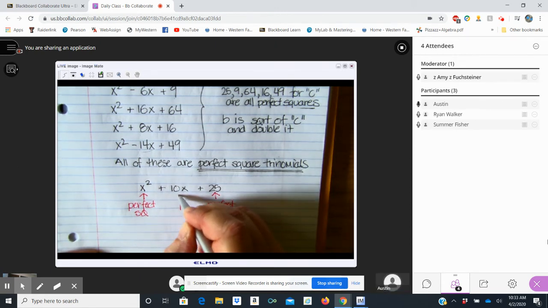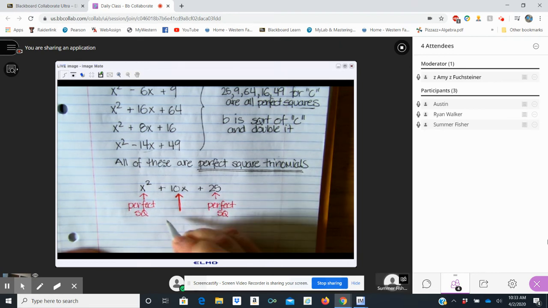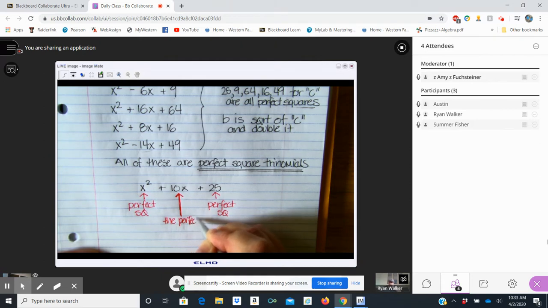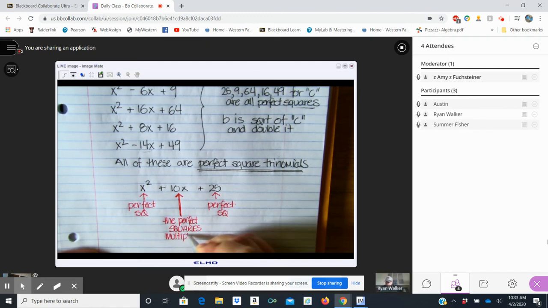This middle term will be the perfect squares multiplied together and doubled.